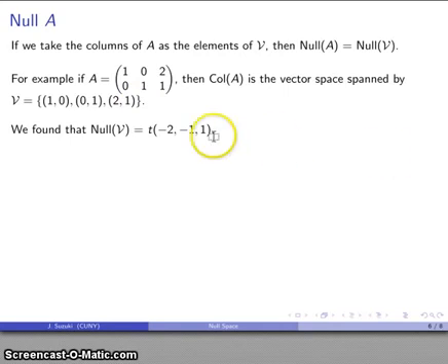And my null space is going to be spanned by t times (minus 2, minus 1, 1), and that's the same as the null space of A.